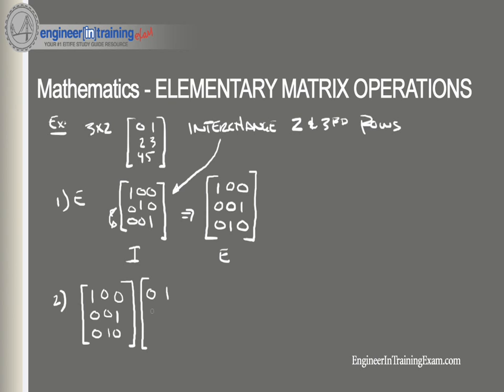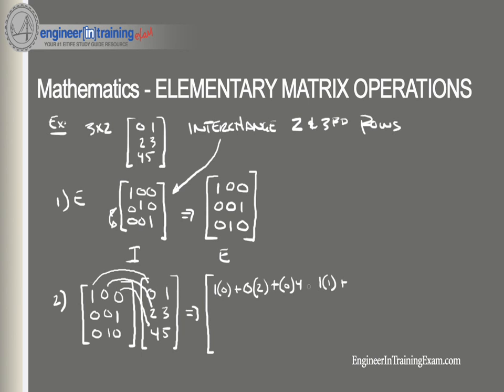Now all we need to do is carry out the matrix multiplication here. So let's do this first element here: 1 times 0, plus 0 times 2, plus 0 times 4. Now our second element here will be 1 times 1, plus 0 times 3, plus 0 times 5.